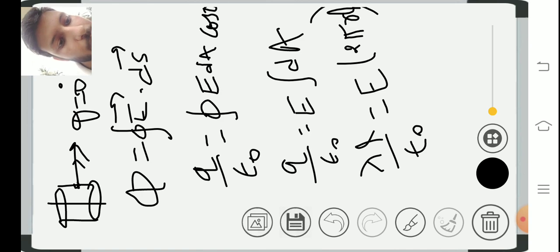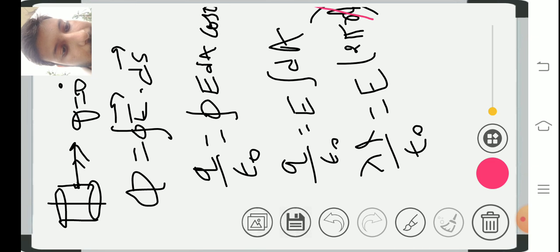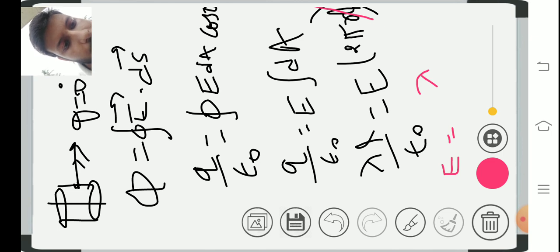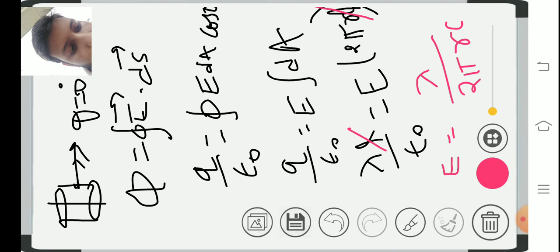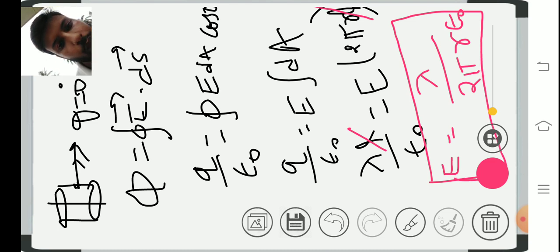This L will get cancelled with this L, so E will be lambda by 2 pi R into epsilon naught. Clear? This was the final formula, this is the final formula what we are trying to find.